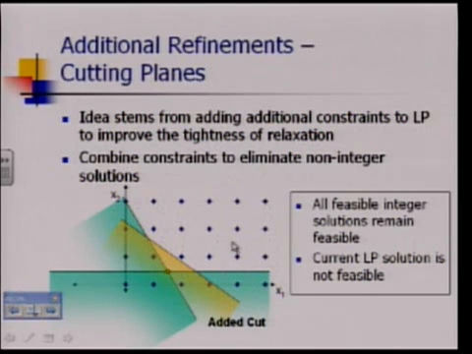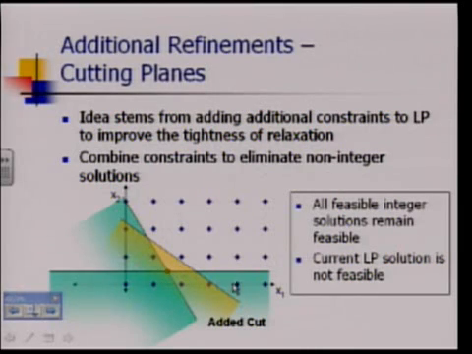So what we are trying to do is to introduce another plane. This is the so-called added plane to cut the feasible set so that this area, originally this is the extreme point of the linear program solution. And then when you add this cut, then of course you have two extreme points here.